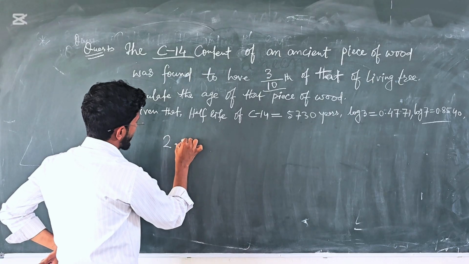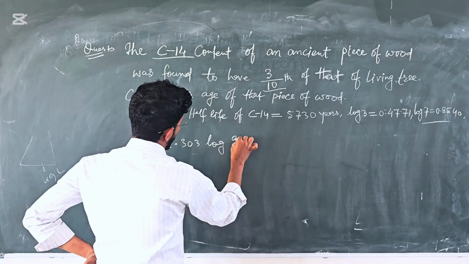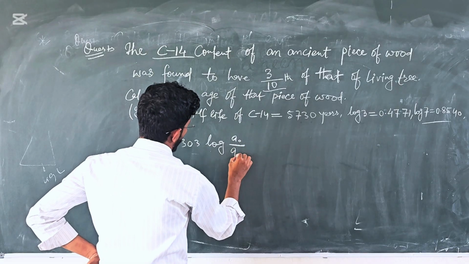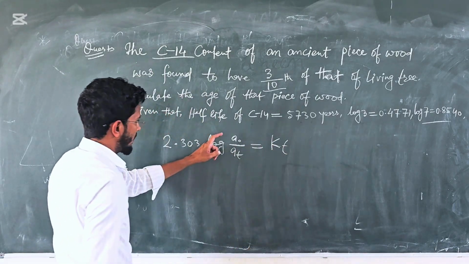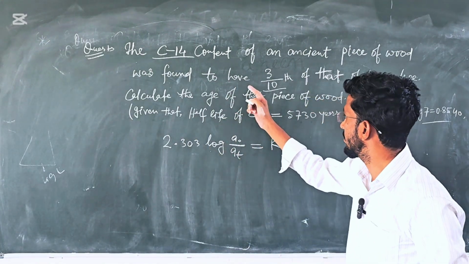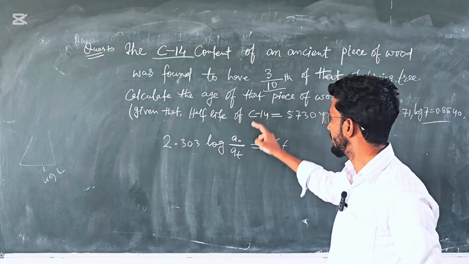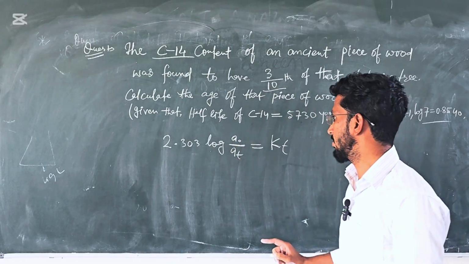That is 2.303 log A naught upon A is equal to Kt. From here, the initial concentration of the piece will be A naught, and after some time its value will be 3/10 A naught.